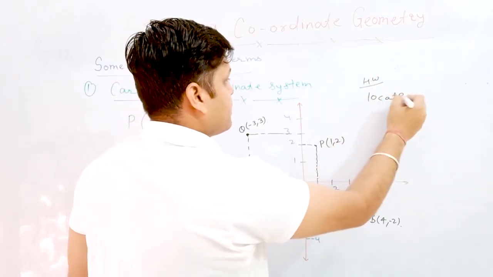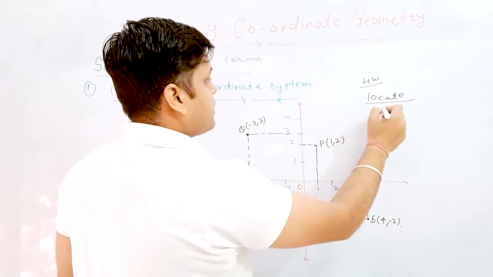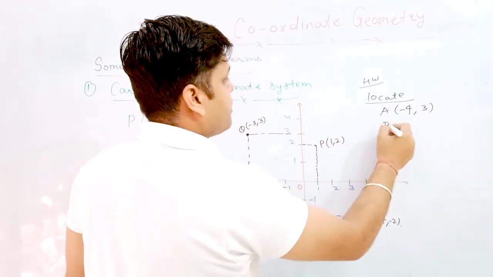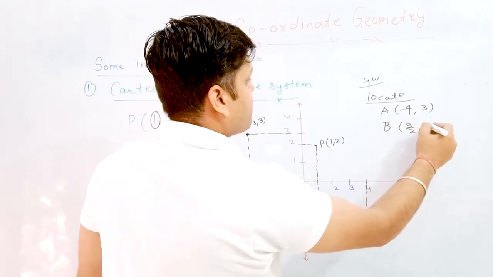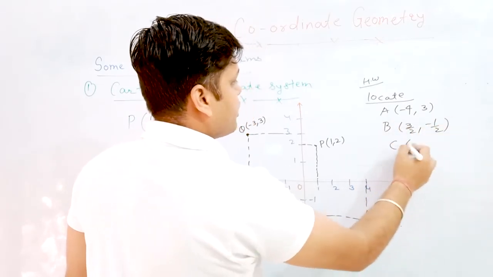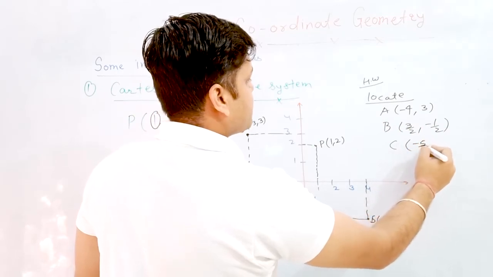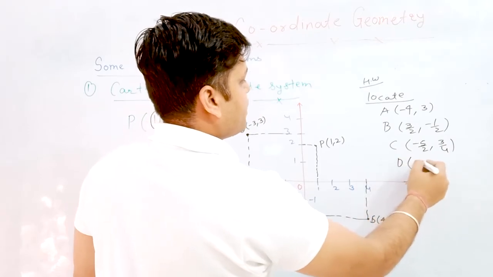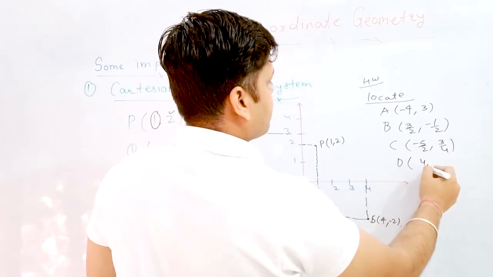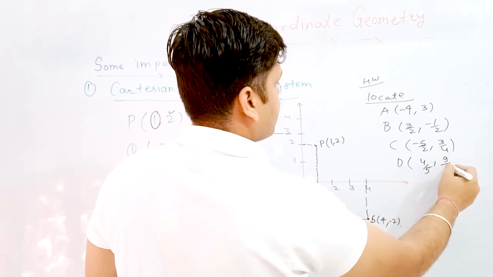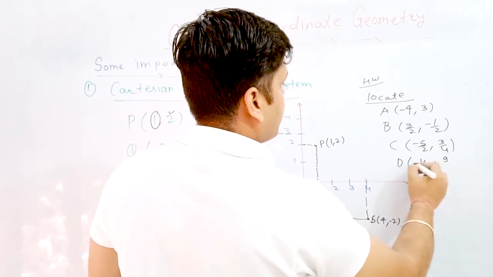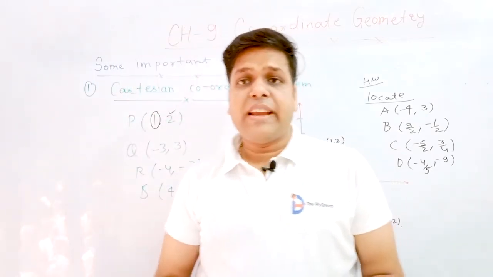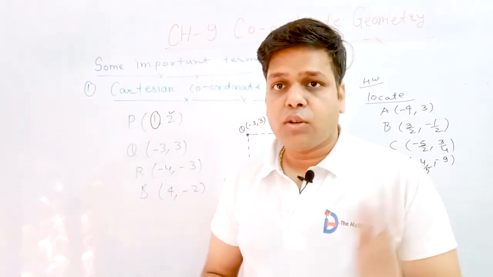Locate point A (minus 4, 3), point B (3/2, minus 1/2), point C (minus 5/2, 3/4), and point D (4/5, minus 9/4), and also find the abscissa and ordinates of these points.